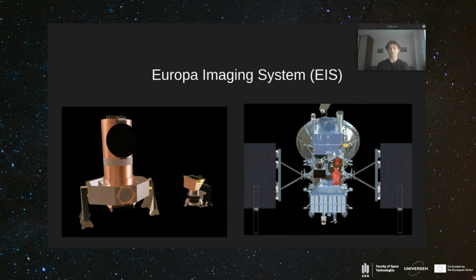Both of them have 8 megapixel sensors, and in total, after all the flybys, we are expecting to map 90% of Europa's surface. So we'll be looking at the specific surface features like elevations, plumes, so the water geysers, and maybe surface composition.